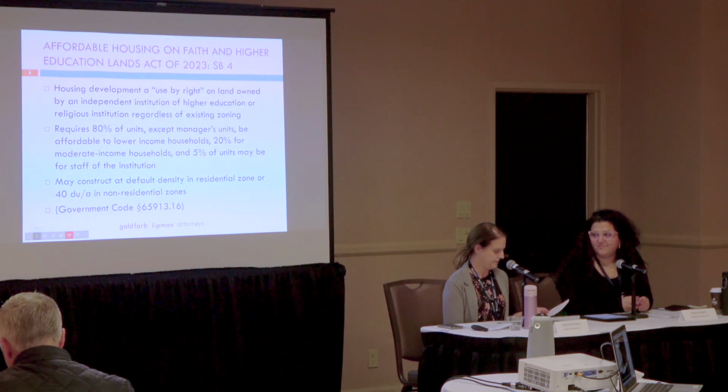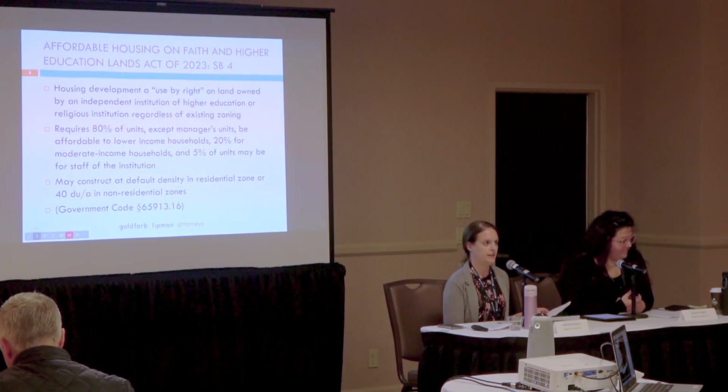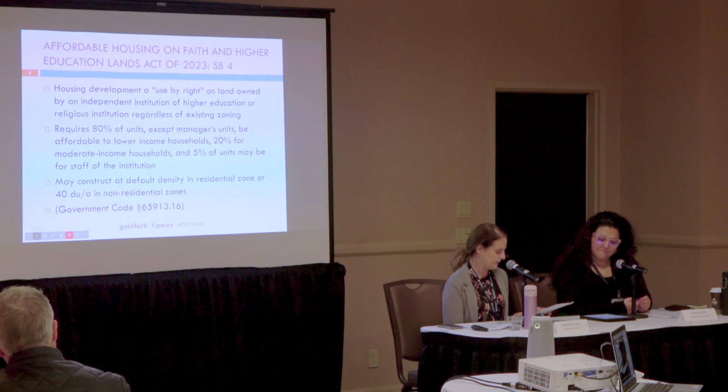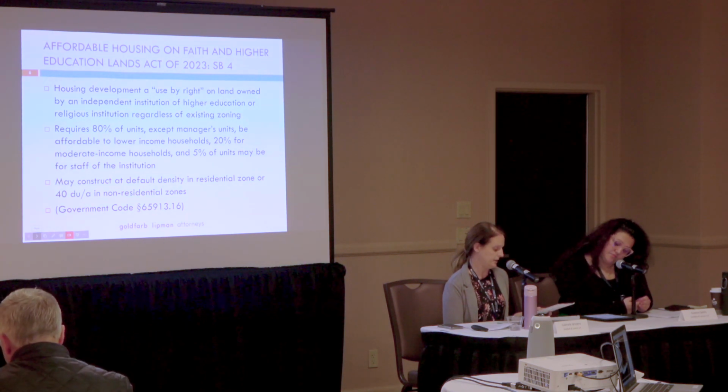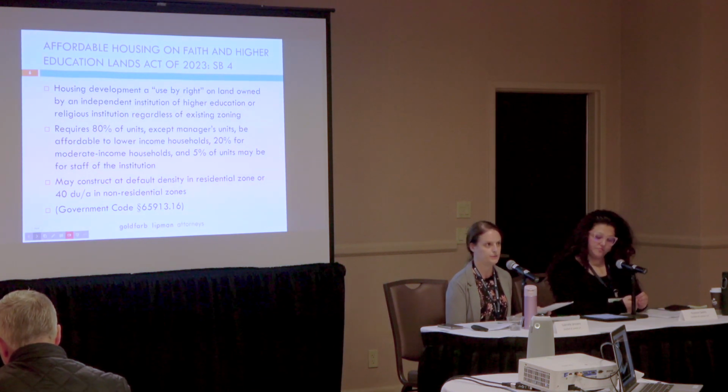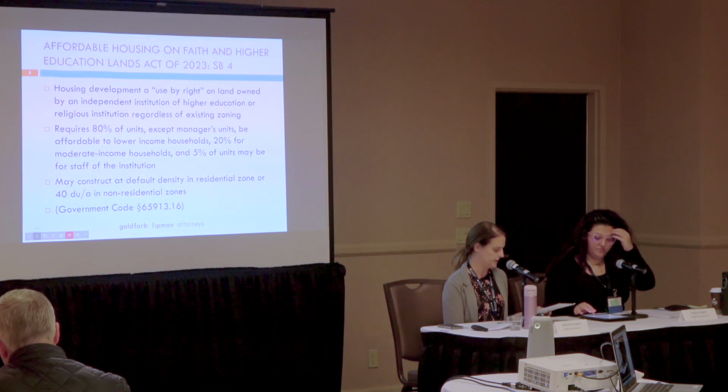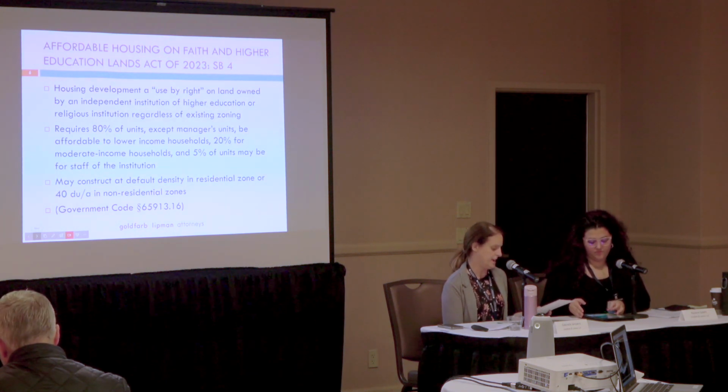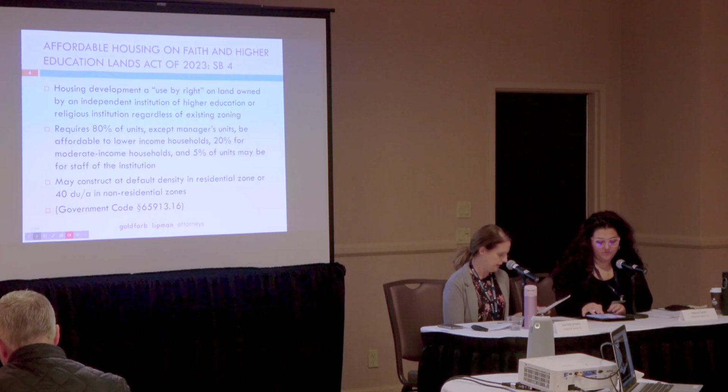And there are some other specific location requirements if the site is near an industrial use. The project needs to be entirely affordable. So 80% of the units need to be affordable to lower income households and 20% to moderate income households. And then there's an exception to have a manager's unit on the site.